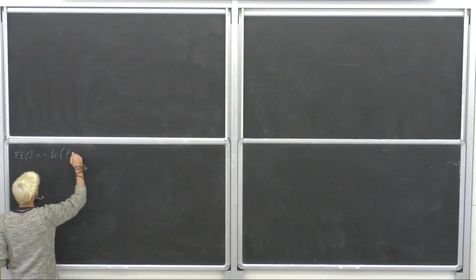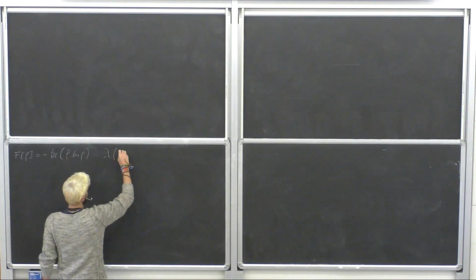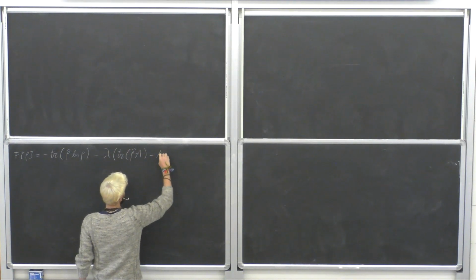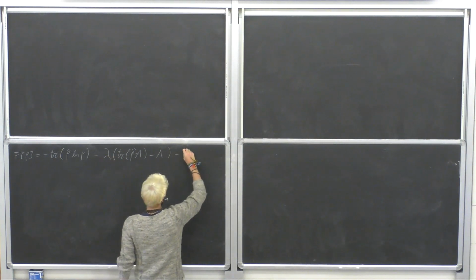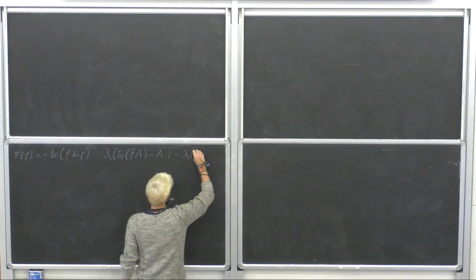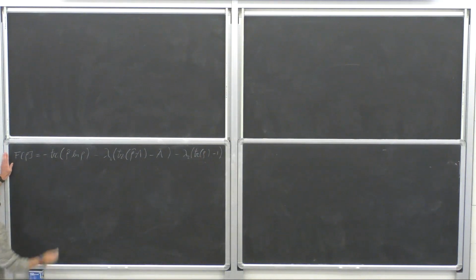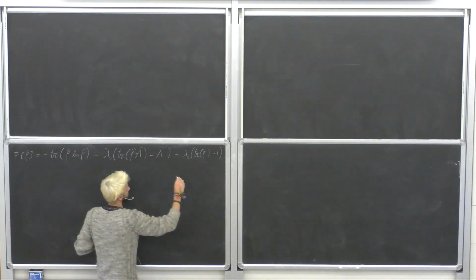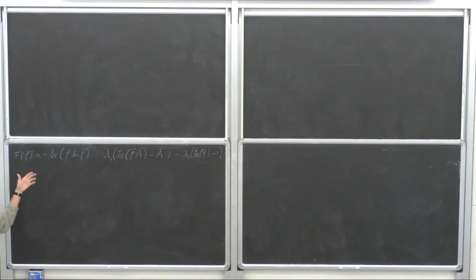trace rho logarithm rho minus... So this is a function of the density operator, and the goal of this exercise is to find which is the density operator that makes this functional extremal, maximal.